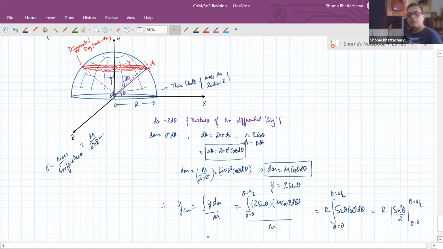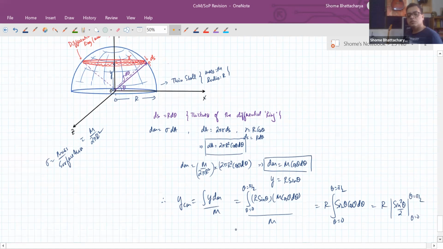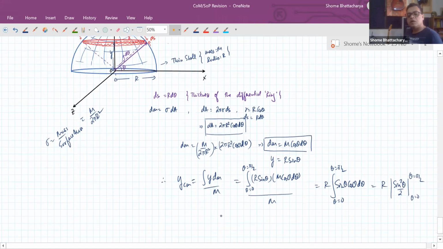So you can see we'll get the y coordinate of the center of mass as R by 2.